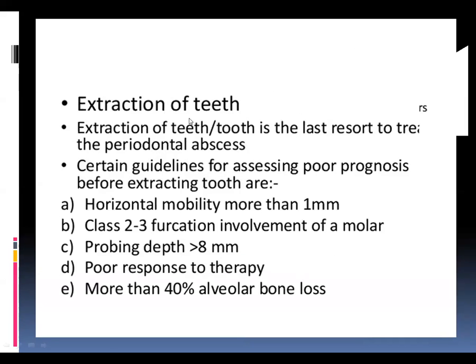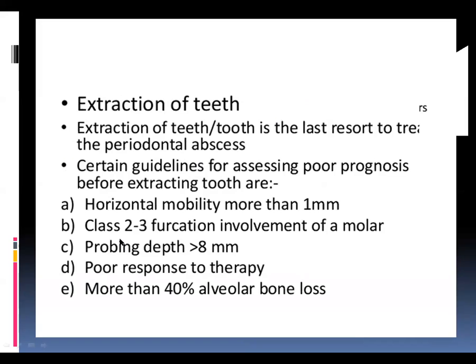When to do extraction of a particular tooth. Extraction of a tooth or teeth is a last resort in the treatment of a periodontal abscess. Certain guidelines for assessing poor prognosis should be considered before starting treatment. These are, first, when there is horizontal mobility of more than 1 millimeter, go for extraction of that particular tooth.